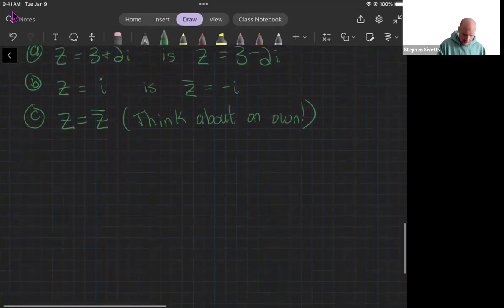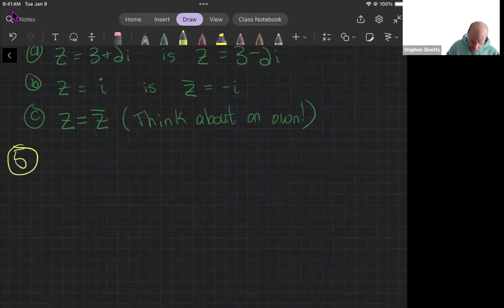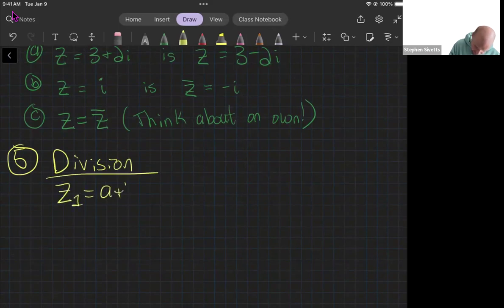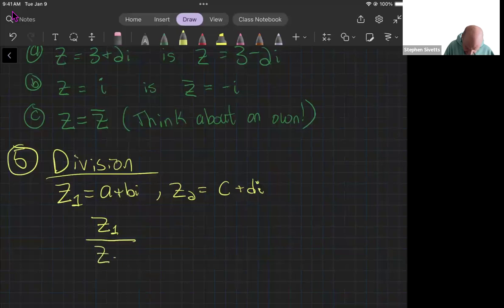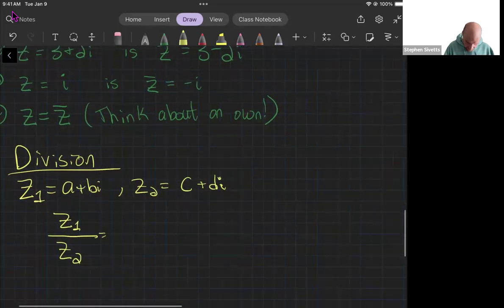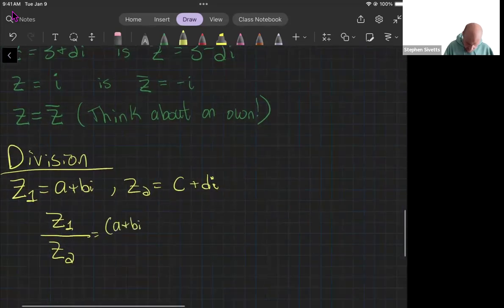The last operation I want to talk about is division of complex numbers. If Z1 is A plus BI, and Z2 is equal to C plus DI, then Z1 divided by Z2 is A plus BI divided by C plus DI.